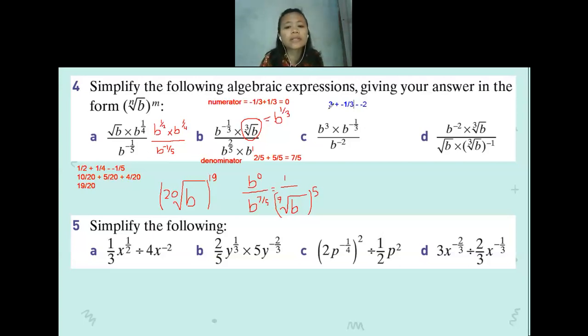Is there anyone having any question if I simplify the index this way? Teacher, where does the negative 2 come from?